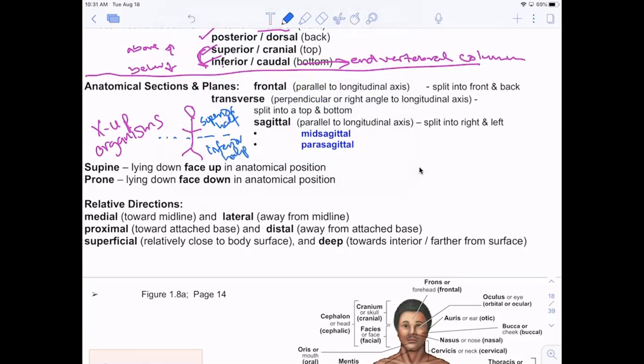And that would be a transverse plane. So transverse plane is a perpendicular plane, right? So here's the organism going this way, and this is perpendicular. You're cutting through perpendicular to the organism. That is a transverse plane. It basically splits things into a top and a bottom, or a superior half and an inferior half.